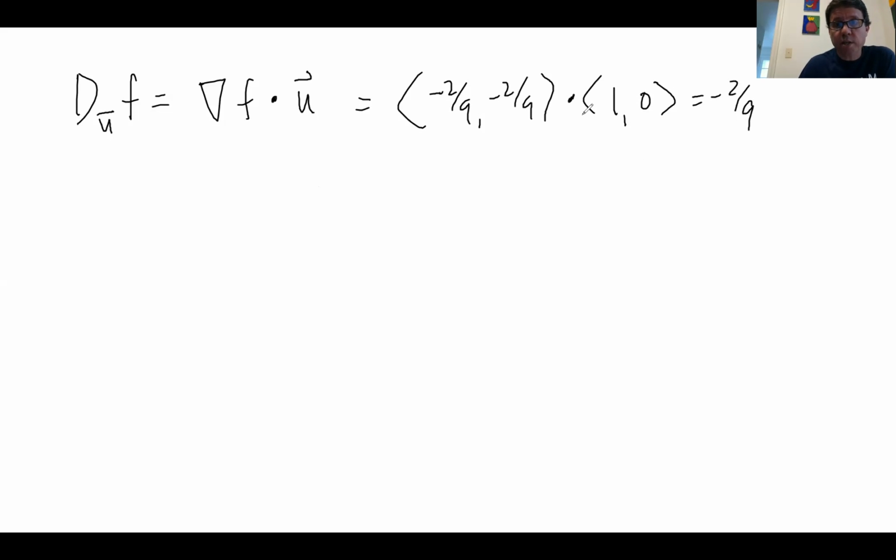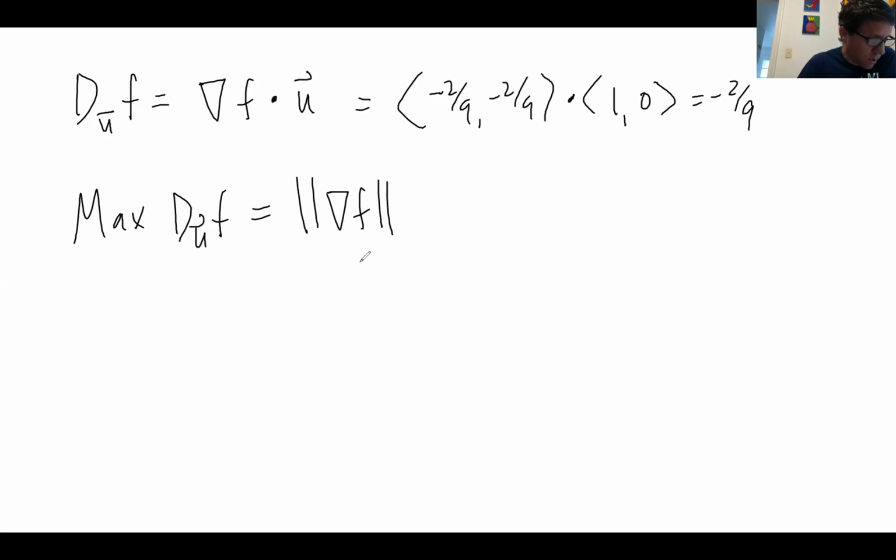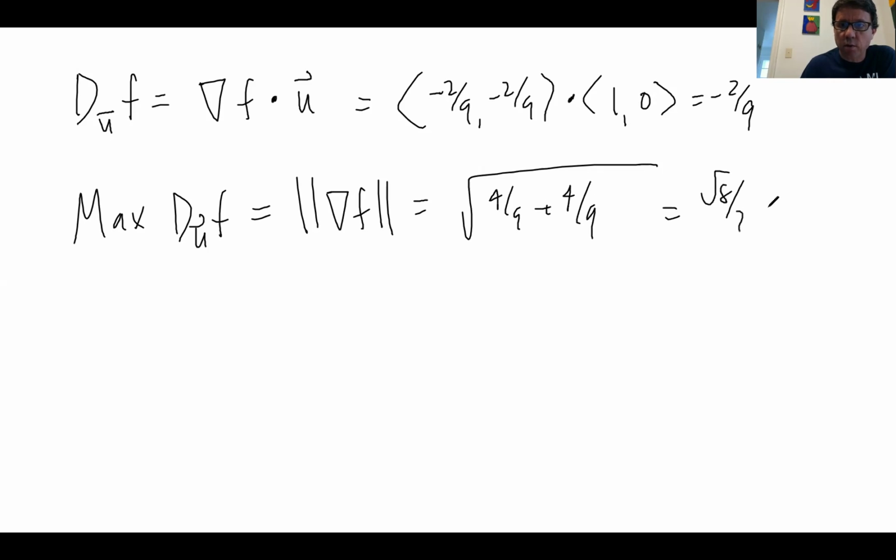If you did a dot product and got a vector, then that probably gave you 0 because you don't know what you're talking about. The maximum derivative, and this is in the theory, is you just take the length of the gradient vector. So that's the square root of 4/9 plus 4/9, which is the square root of 8 over 3, or if you prefer 2 square root 2.